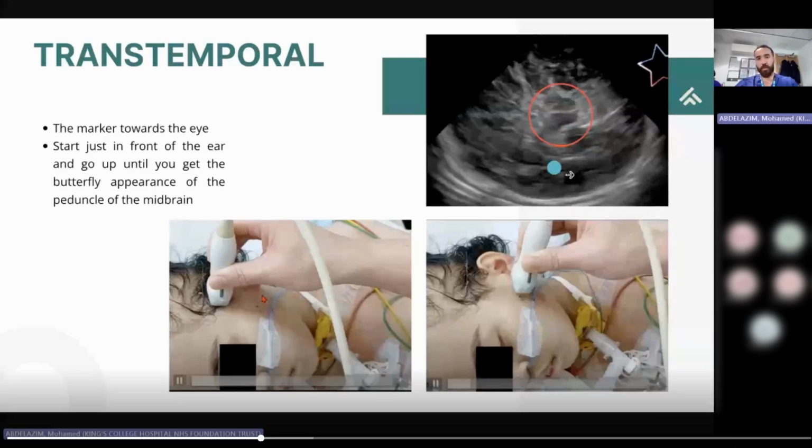Once you get this view, you could tilt your probe up and down, just fanning, in order to get the best image quality that you can.